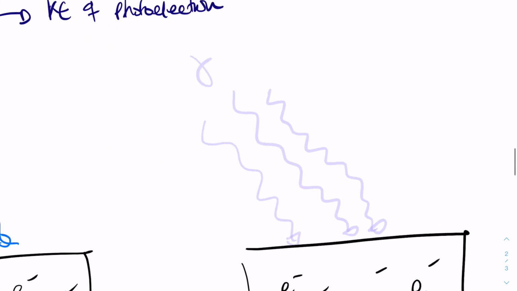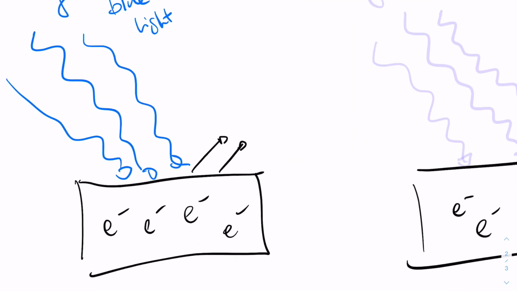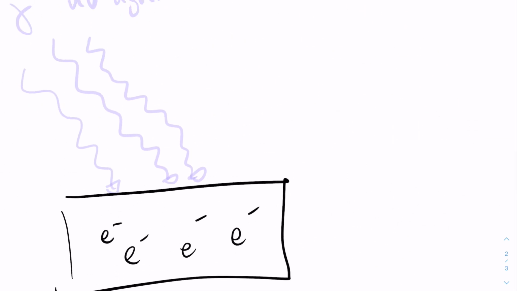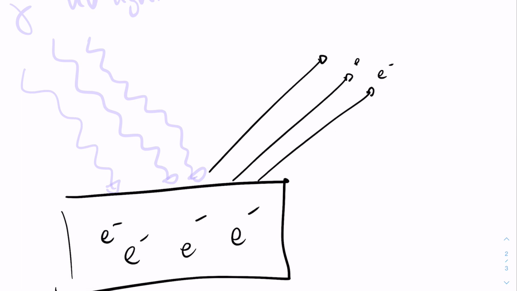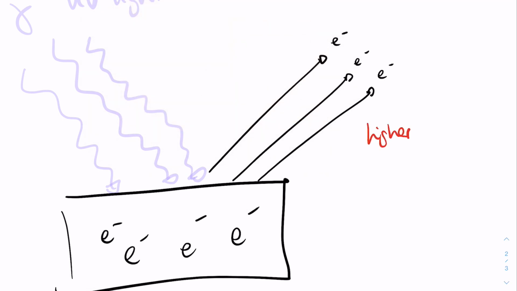And I'll put UV light, whereas this one was just blue light. And for this particular metal, let's say that the electrons come off. They do. One for each photon. But on this one, ultraviolet light has a higher energy than blue light, and therefore these particles will come off much faster. And so the distinction is higher kinetic energy of the photoelectrons.